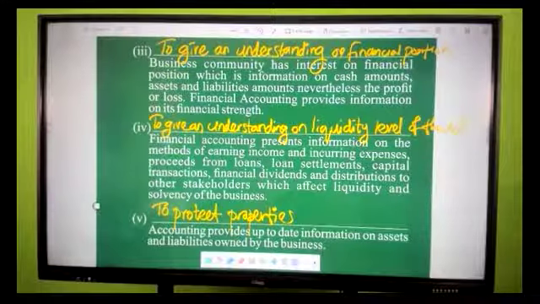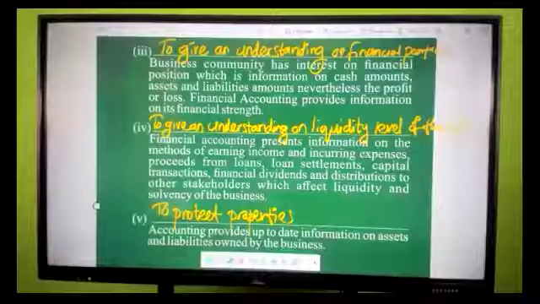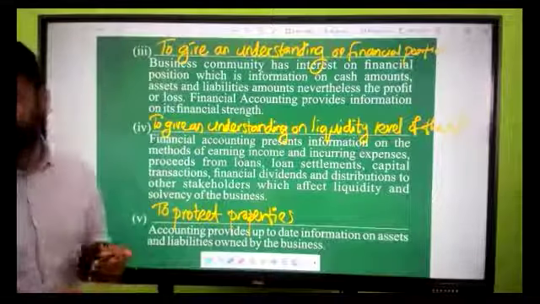Right. Accounting provides up-to-date information on assets and liabilities owned by the business. Right. That is number five.